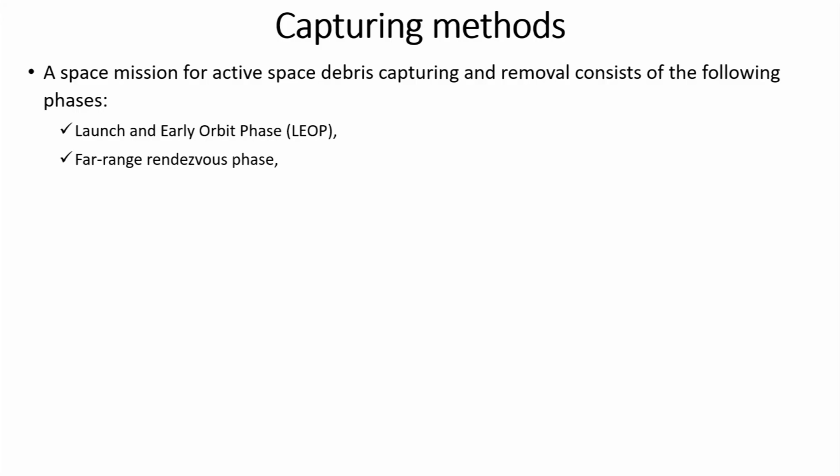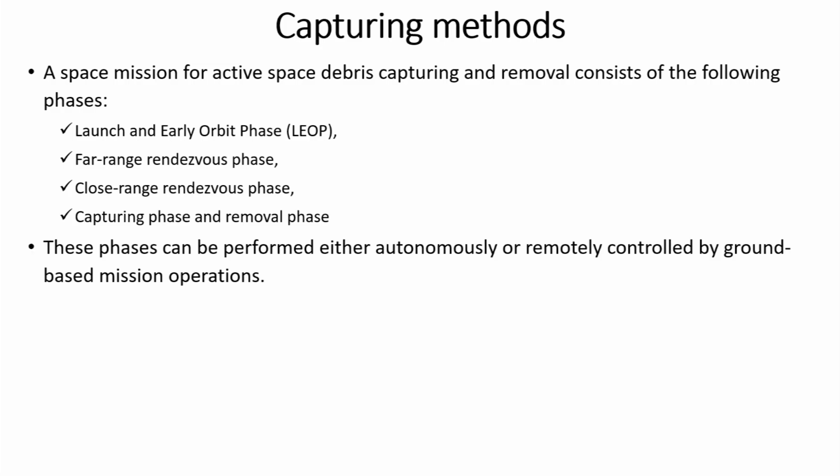Then it has to do the far range rendezvous phase. Rendezvous means locating and finally reaching the target. There is one chasing spacecraft and the target you need to capture. Next comes the close range rendezvous phase. Once that is over, the next phases are the capturing phase and the removal phase.